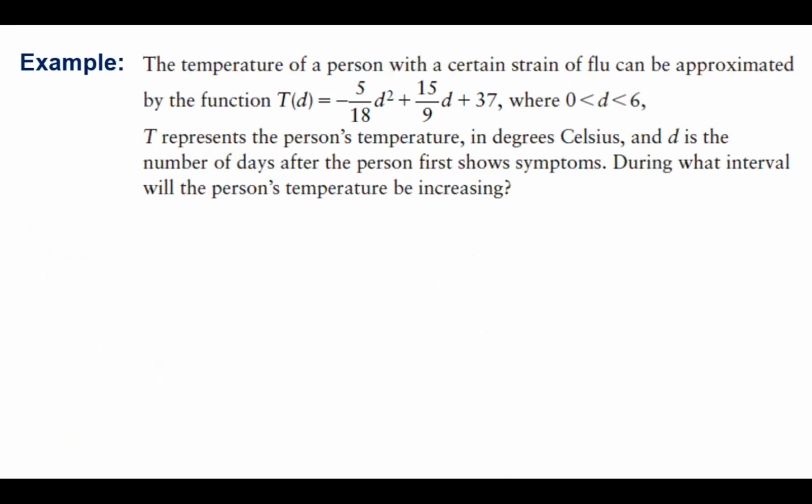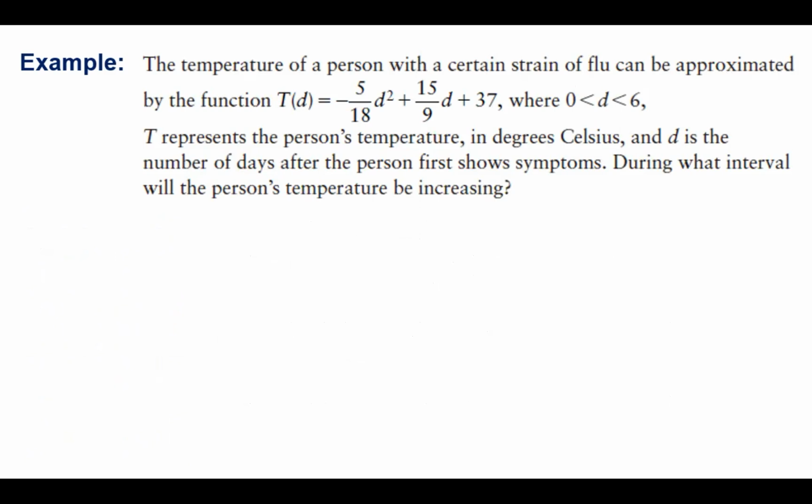The temperature of a person with a certain strain of flu can be approximated by the function T(d) = -5/9 d² + 15/9 d + 37, where d is between 0 and 6, exclusive.